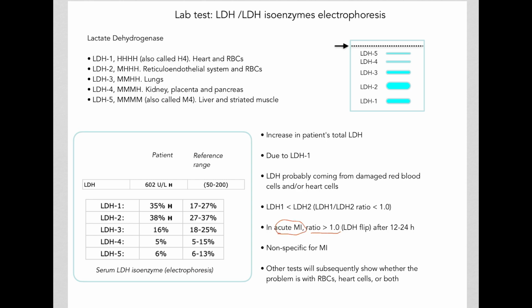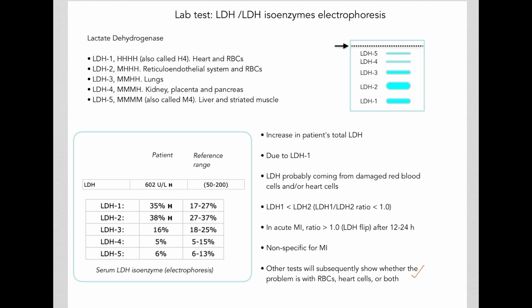This ratio, which is usually less than 1, may flip. The ratio may become more than 1, usually after 12 to 24 hours. This, however, is not a specific test for myocardial infarction because this can happen in many other diseases.